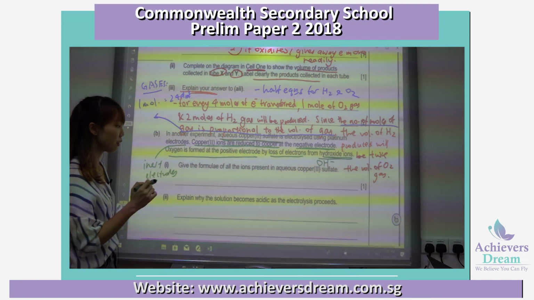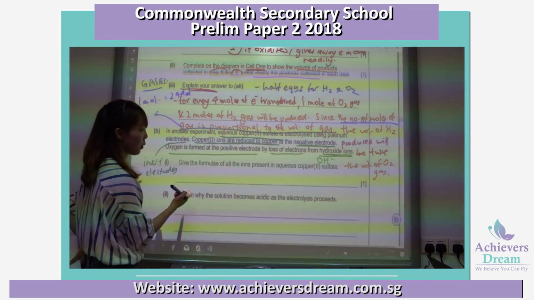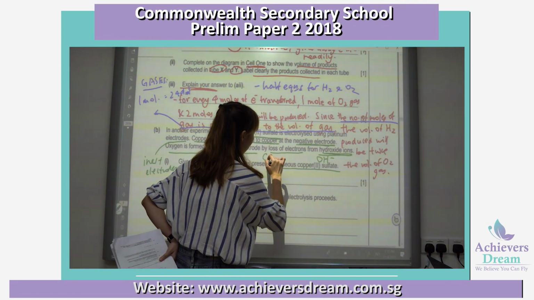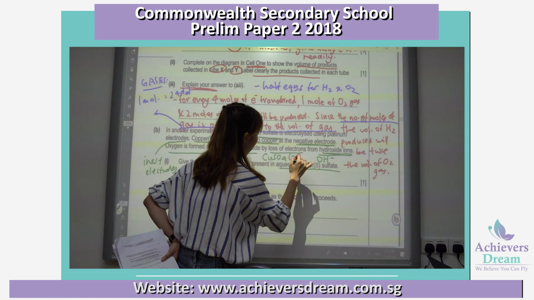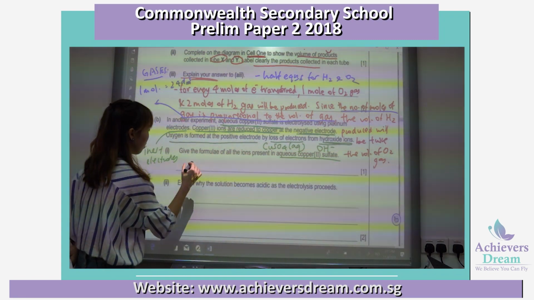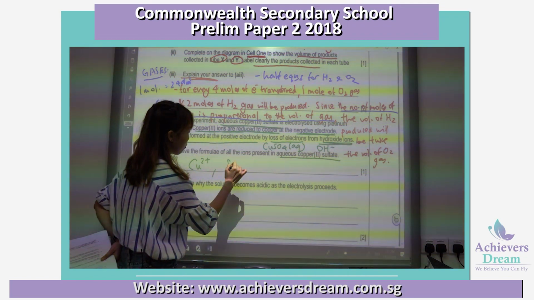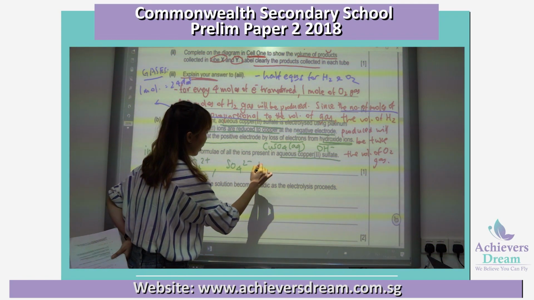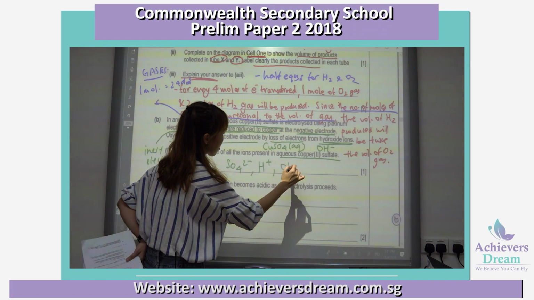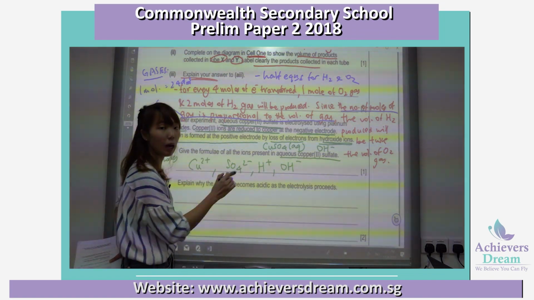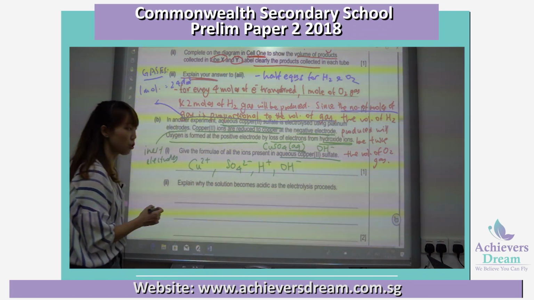Part 1. Give the formula of all the ions present in aqueous copper 2 sulfate, your CuSO4 aqueous. So this one, Cu2 plus, SO4 2 minus, H plus and OH minus. Again, your H plus and OH minus comes from the aqueous solution.